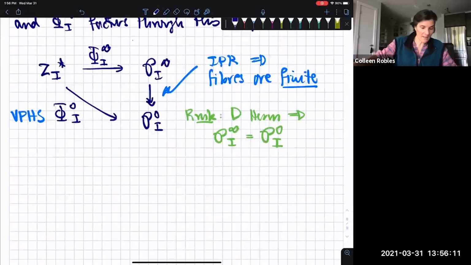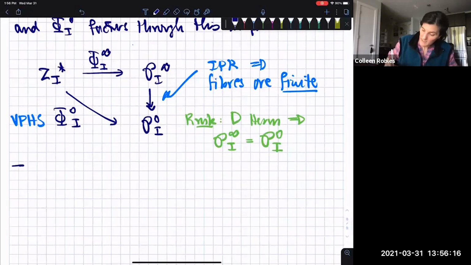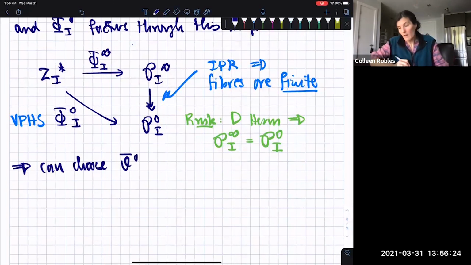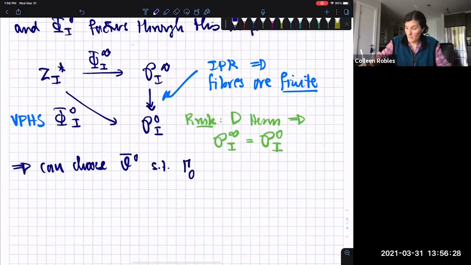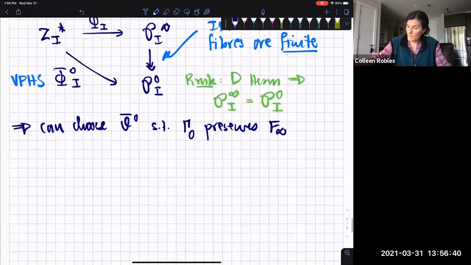But the upshot of this that's important is that that means that we can choose this neighborhood O naught bar so that the monodromy in the punctured neighborhood preserves F infinity.